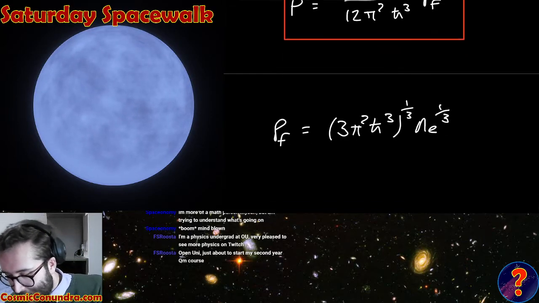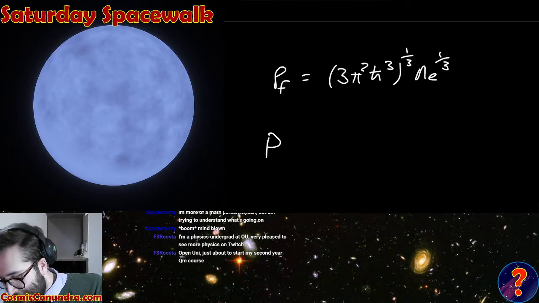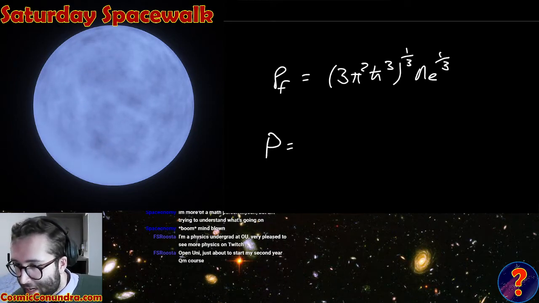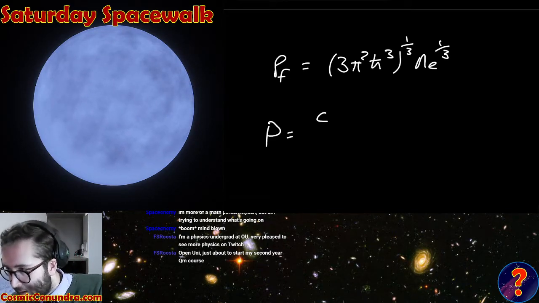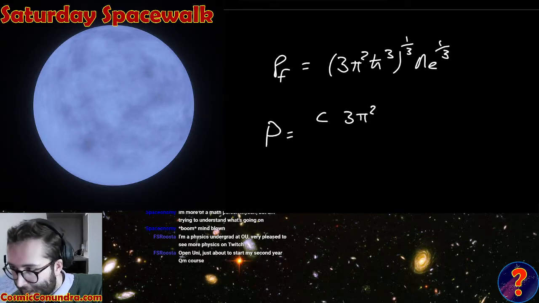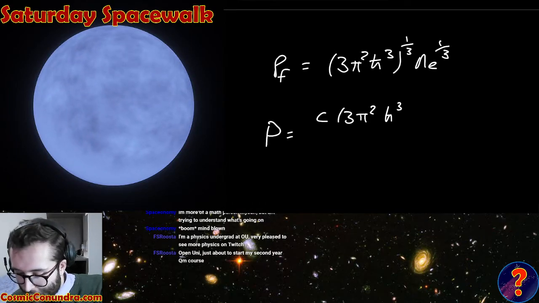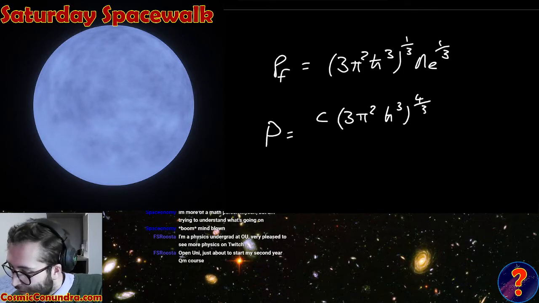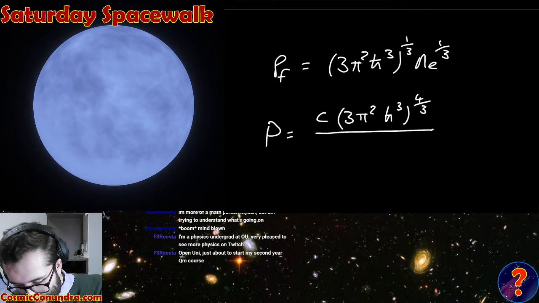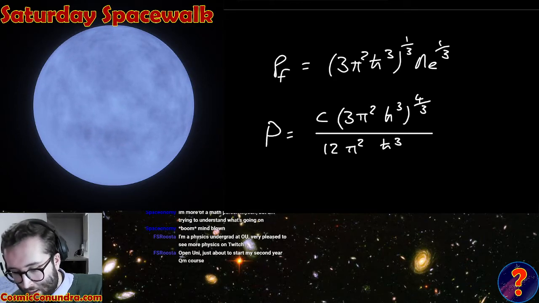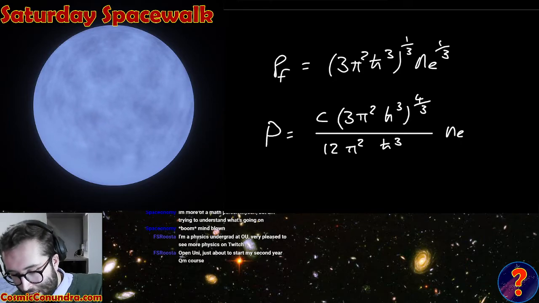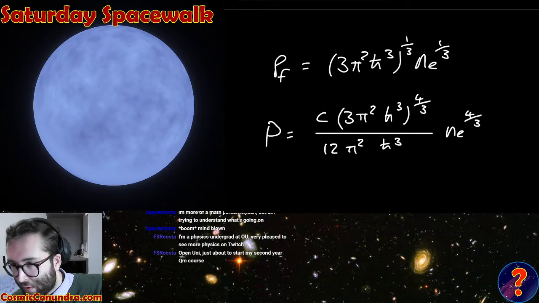And if we do that, you can again trust me, it's just substituting in the Fermi momentum. We end up with C times 3 pi squared h bar cubed all to the 4/3, all over 12 pi squared h bar cubed, and it's all times ne to the power of 4/3.